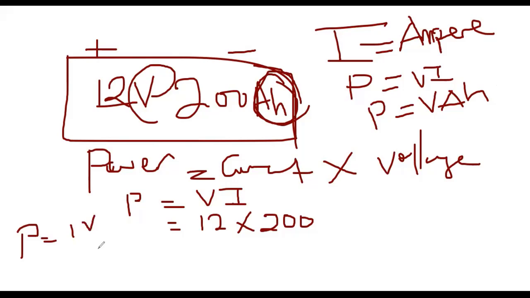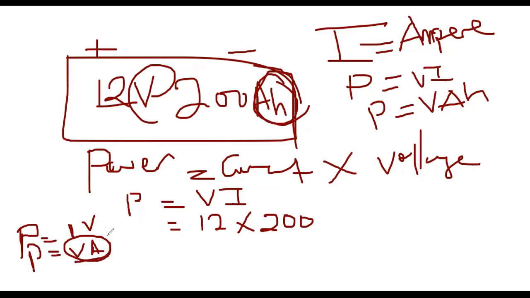But if it is normal power, if it's not from the battery, you have P equals VI, where V is voltage and current is in amps, right? But instead of calling it P, most times you see VA, because I told you we have different types of power: real power, apparent power, and reactive power.